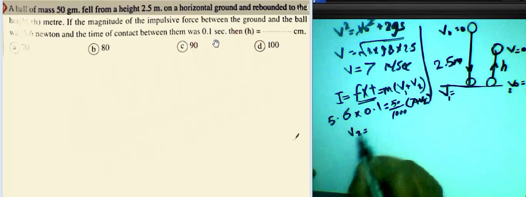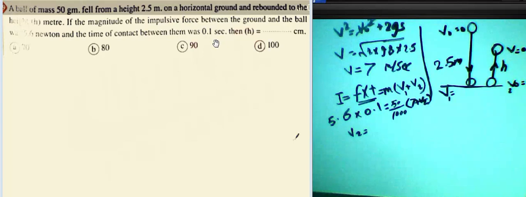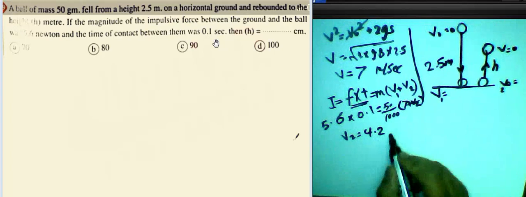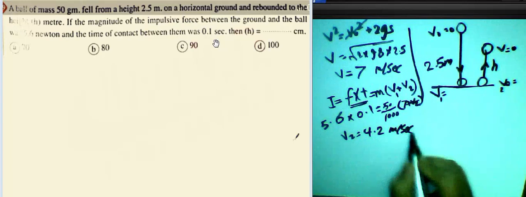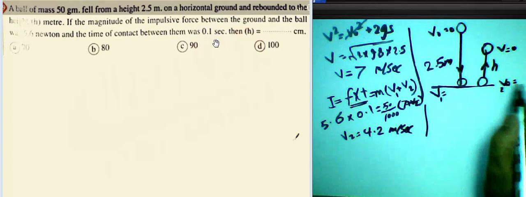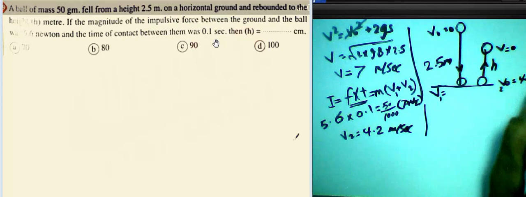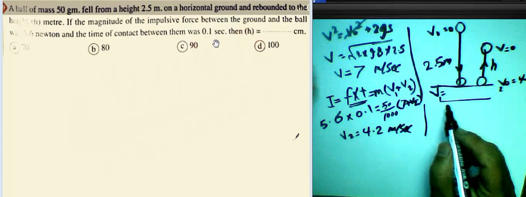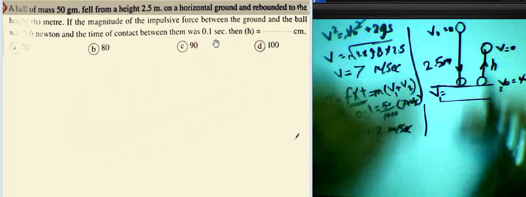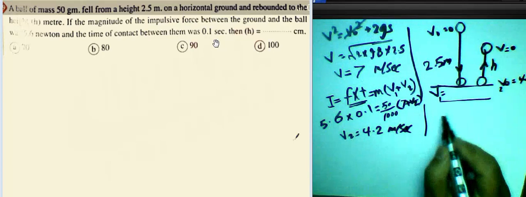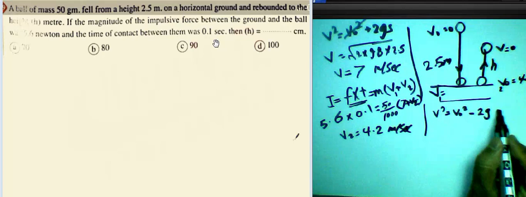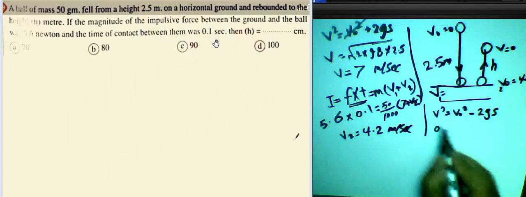We can use a calculator to find the velocity. It will be 4.2 meters per second. We can use the rule again, but we must change the sign here because it rebounded. Then V squared equals V naught squared minus 2gs, which will equal 0.